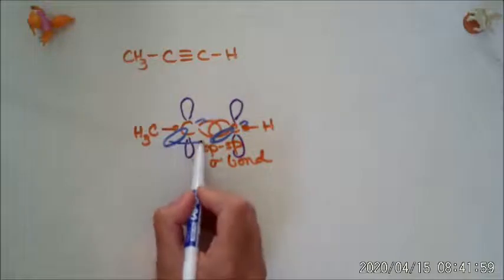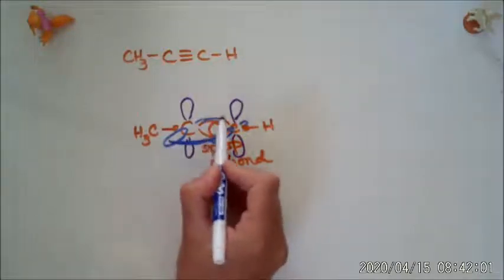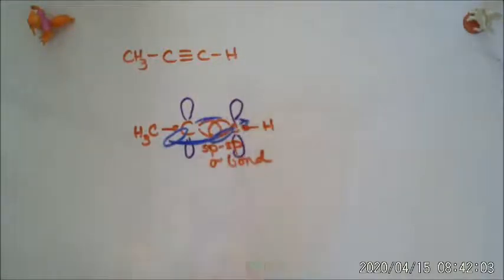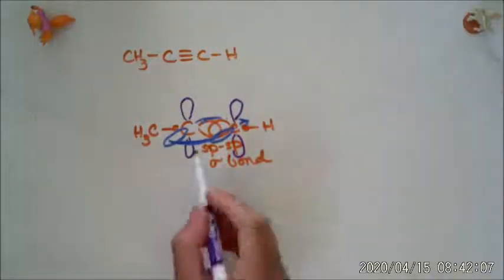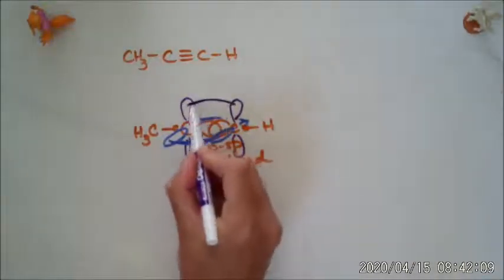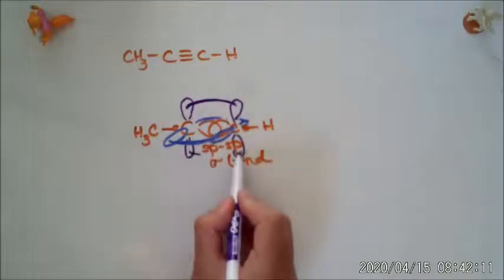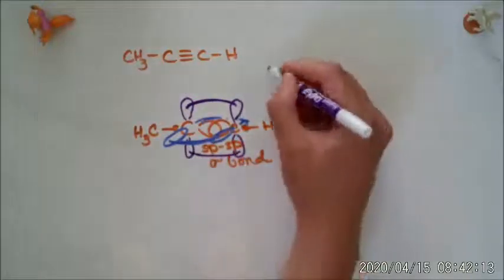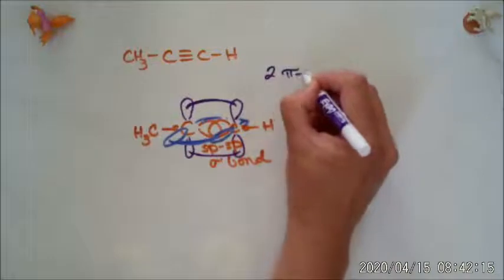So in other words, I have electron density here, and that's one pi bond. And here I have my second pi bond. So you can have two pi bonds.